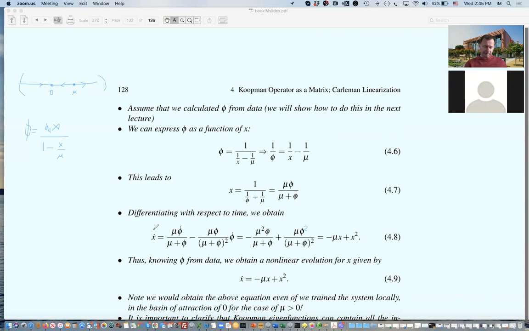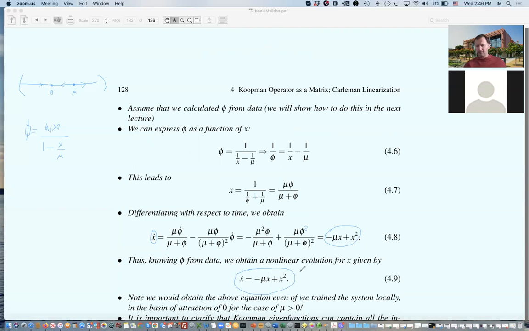So what I discovered from data this time, remember, I didn't assume that x satisfies this equation. I discovered a globally valid evolution of x in a nonlinear form parameterized by mu. So now if we wanted to pursue bifurcation analysis, of course, for mu less than 0, the dynamics is different than for mu bigger than 0, and we get bifurcation at mu equal to 0.